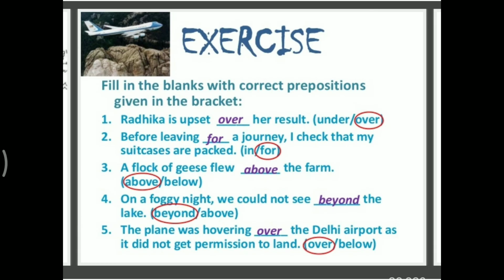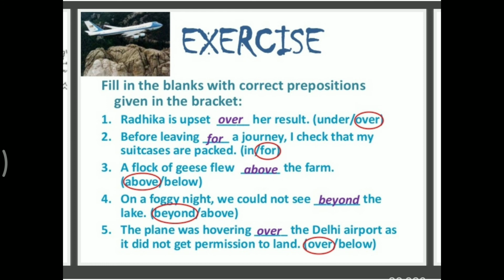Here is another exercise for you. All the exercises are solved, but you have to read them carefully and understand how the particular preposition is used in these places. Radhika is upset over her result. Before leaving for a journey, I check that my suitcases are packed. A flock of geese flew above the farm.